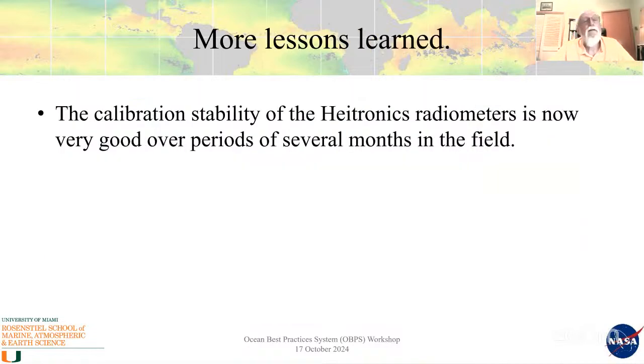So the calibration stability of the Hydronics radiometers, which at the outset I thought was going to be a real limiting factor, is now very good over periods of several months in the field, which is a big request of these instruments. I used to use Hydronics radiometers 25 years ago and was not impressed with what we could do at sea at that time, but Hydronics have made tremendous improvements in the stability and the calibration accuracy of their instruments.